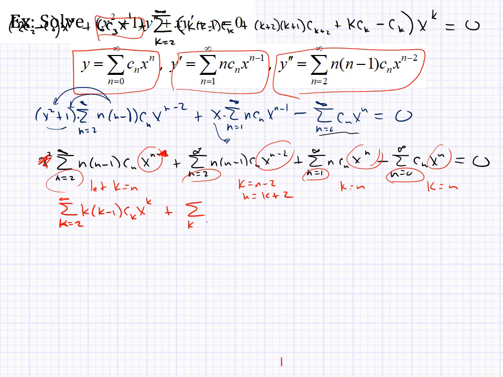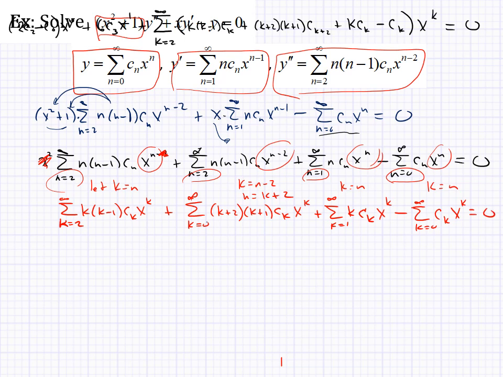If n is 2, k would be 0, k plus 2, that'd be k plus 2 minus 1, so k plus 1, c sub k, x to the k, plus the sum of k equals 1 to infinity of k, c sub k, x to the k, minus the sum of k equals 0 to infinity c sub k, x to the k equals 0.